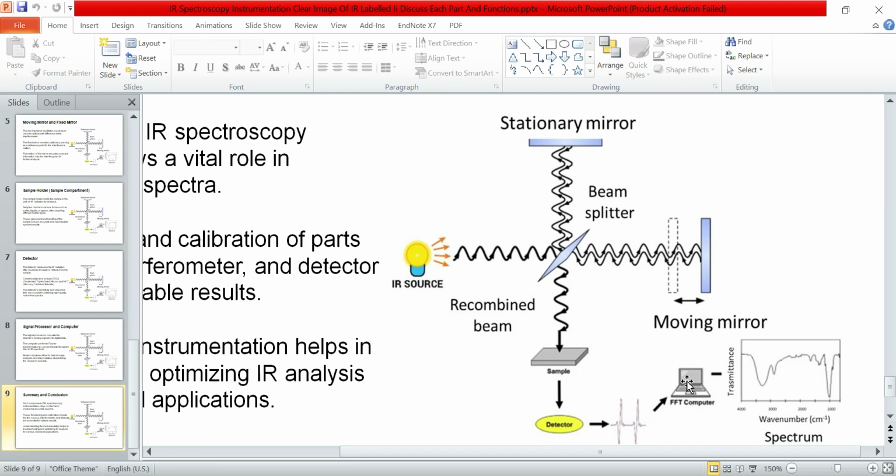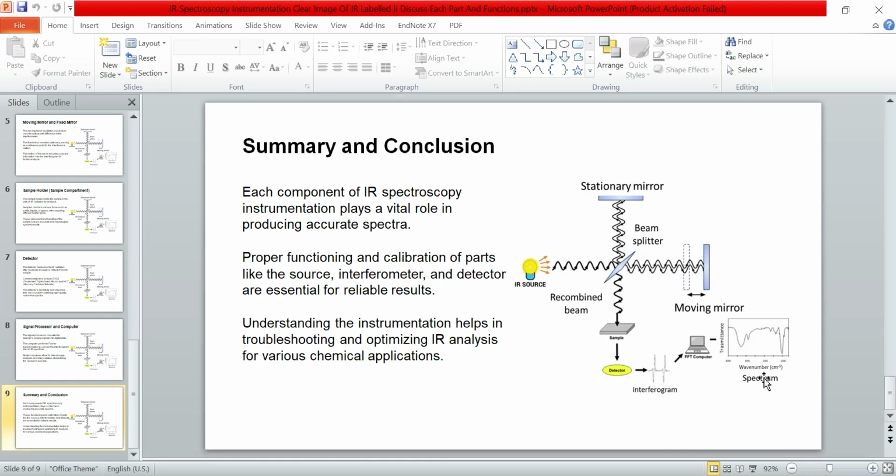The computer processes these interferogram signals and gives us a very clear and accurate spectrum. Then we can easily find the functional group of that unknown compound. I think this is the whole summary of IR instrumentation.